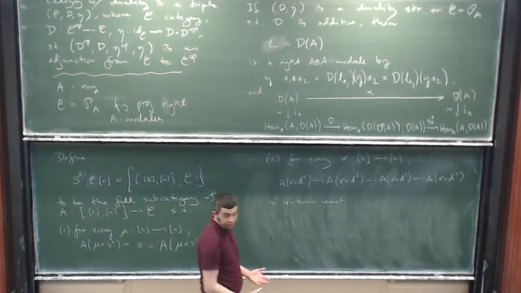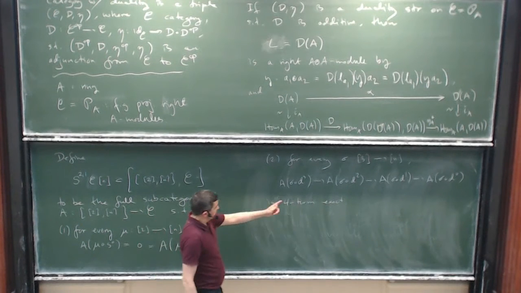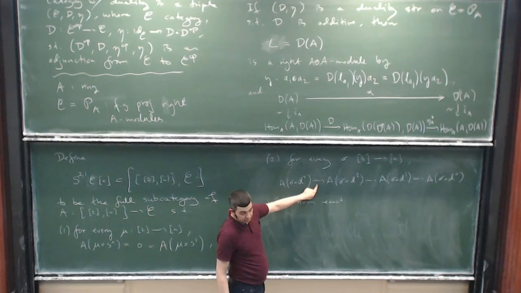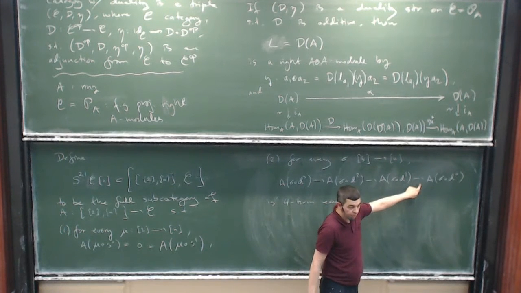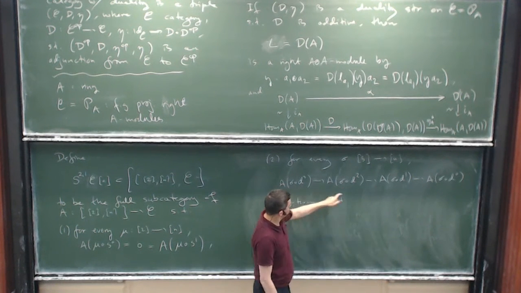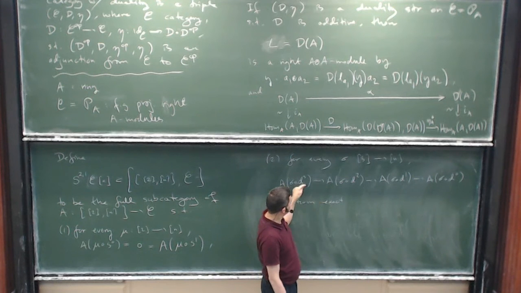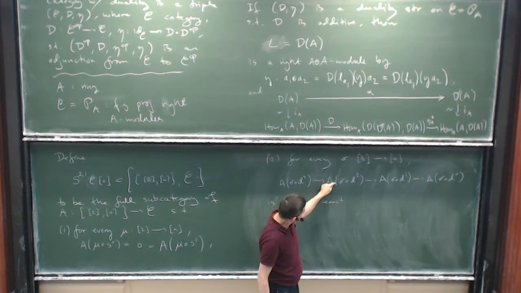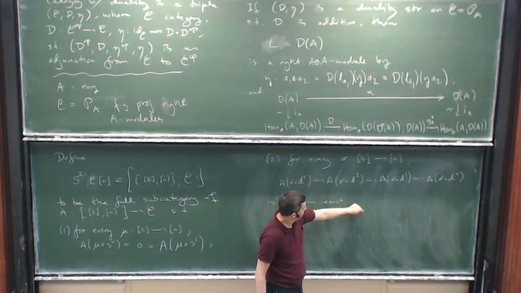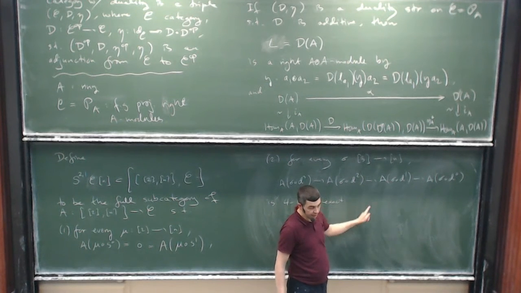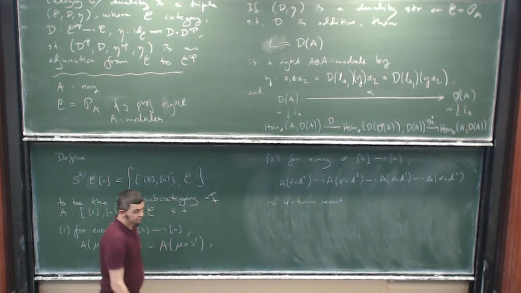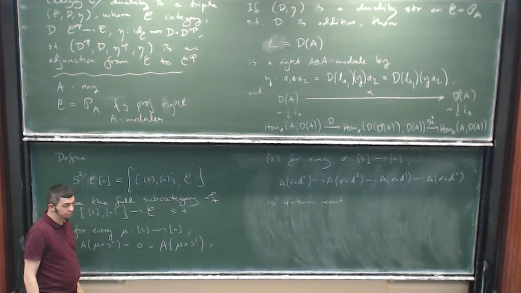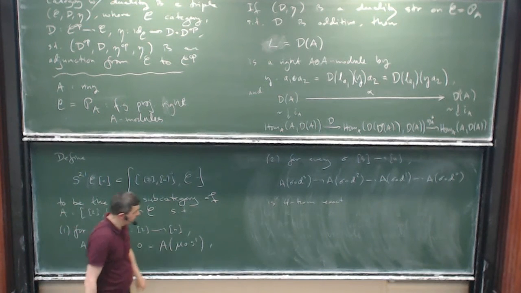So let me just say what this means. This means that this is an admissible monomorphism. This is an admissible epimorphism. So this middle map here will induce a map from a choice of co-kernel of that to here, and that map should be a kernel of the last one. Okay.